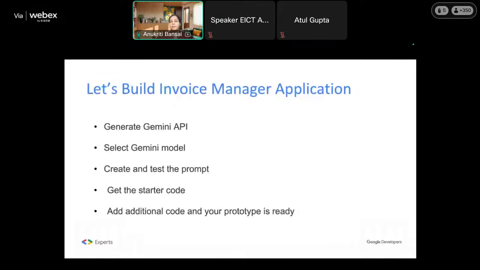So there is a platform by Google from where you can get the API keys of Gemini, and Gemma, which is Google's open model.